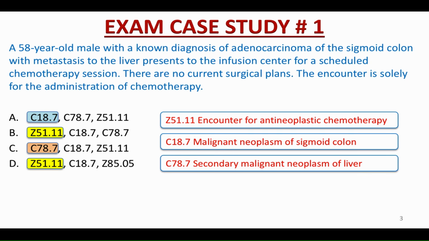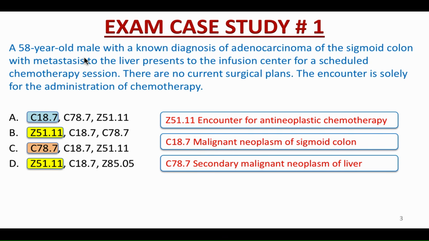Now, after this step, you should already have an idea of what this case is about, even though you have not read the question yet. This is a cancer case, and your focus now is to determine why the patient is here. That will determine the correct answer. And only after this step, you should read the question or the operative report. Let's read it.